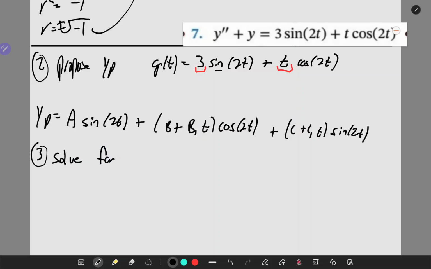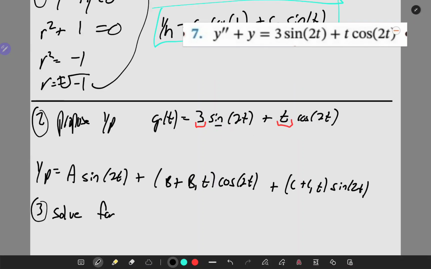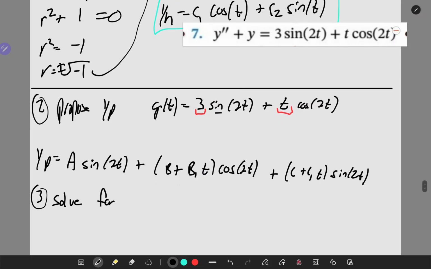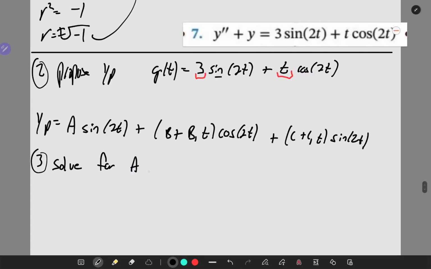No, this definitely can't be right because this sine of 2t term should not be in our final answer. I mean, unless a ends up being 0, then it would work. So let's just solve. Hopefully it works, because I'm heavily disagreeing with what I have for my answer on paper. Okay, so we're going to solve for a, b, b1, c, and c1.